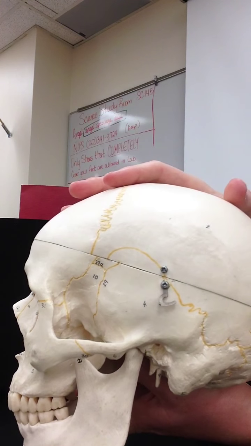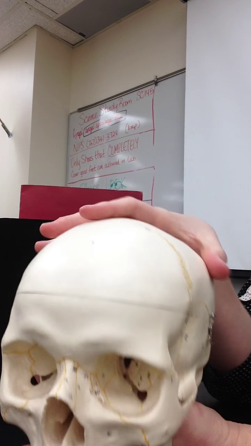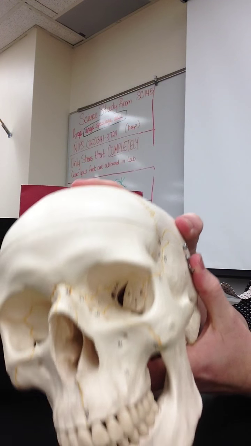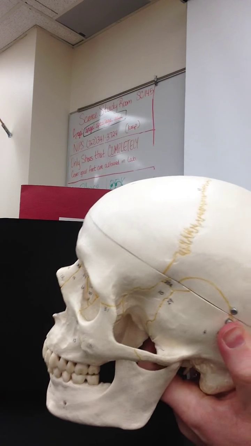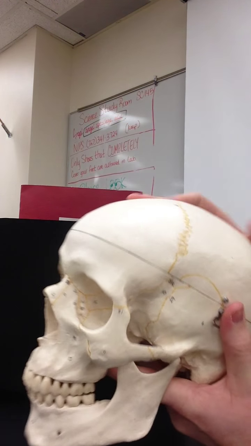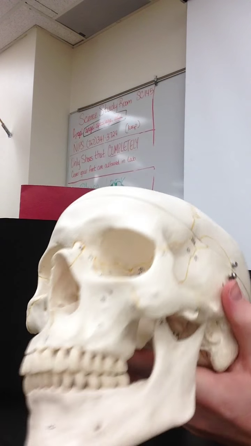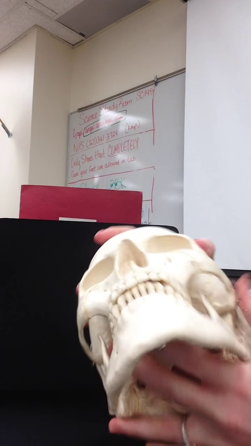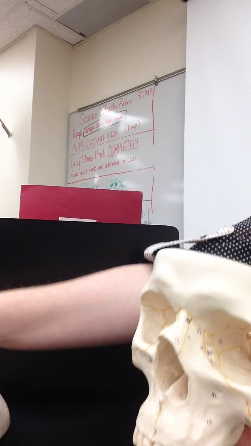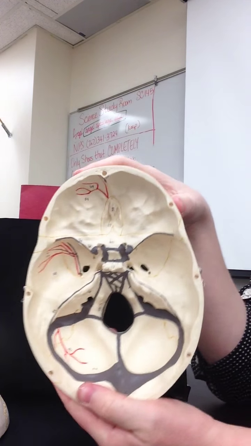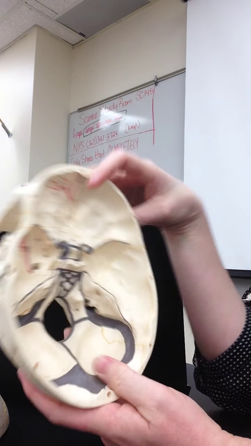So we have two more cranial bones to cover, and for these ones we will have to open the skull and look inside. Let's see. There we go. So this one has some drawings on the inside.